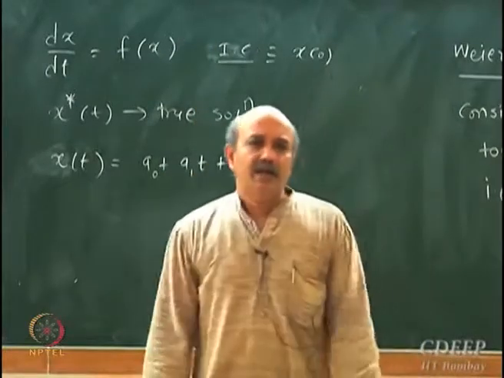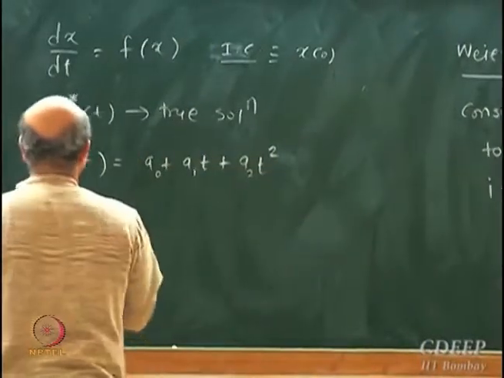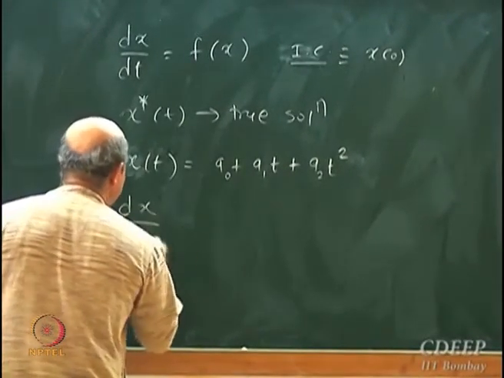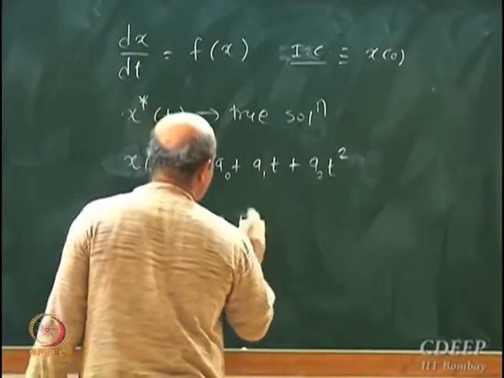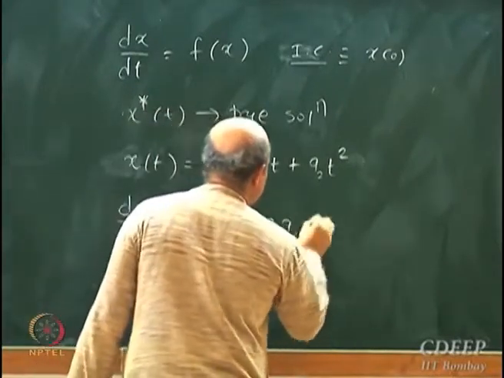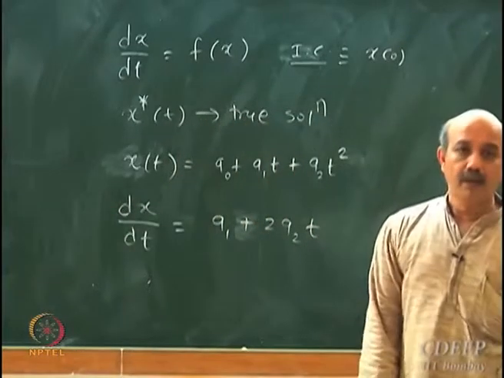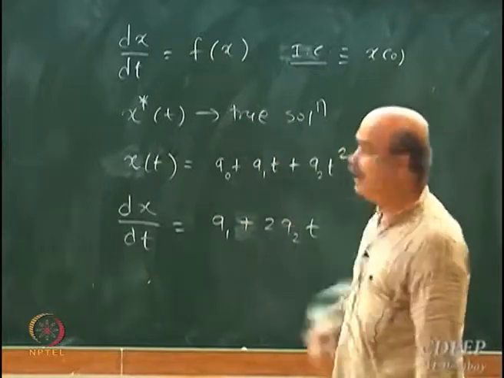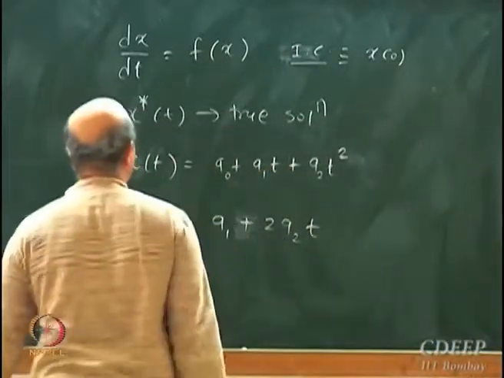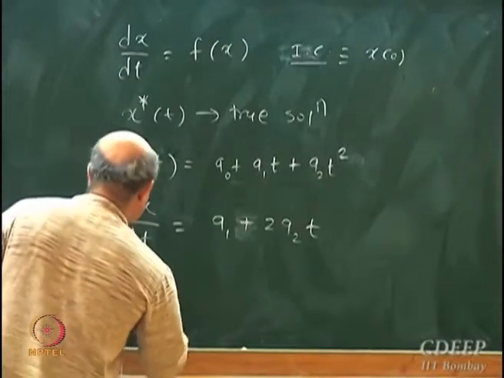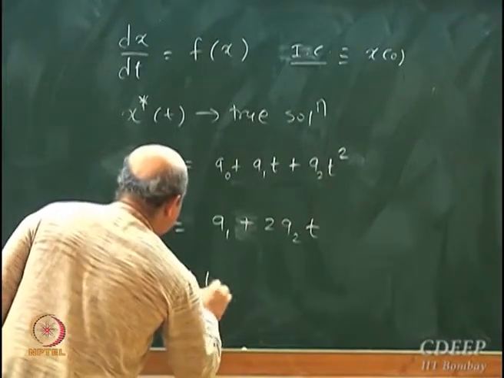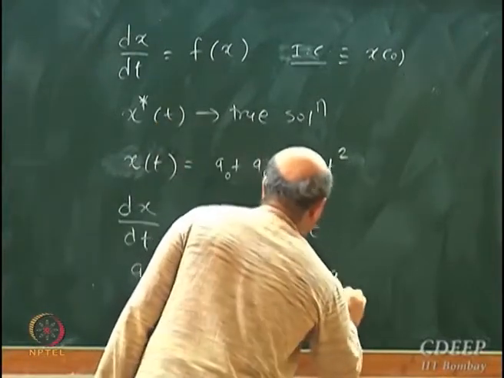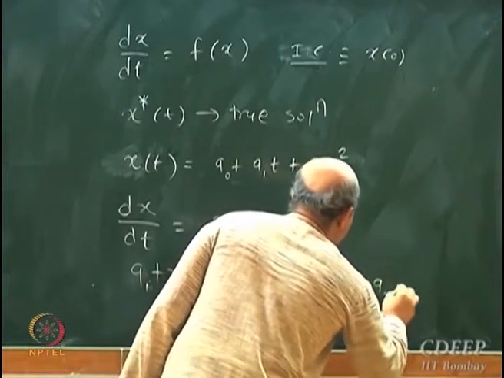I want the approximate solution such that, what is dx/dt? It is a1 plus 2 a2 t, and then I can substitute this here. So for any t, I want this equation to hold, that is, a1 plus 2 a2 t is equal to f of a0 plus a1 t plus a2 t square.